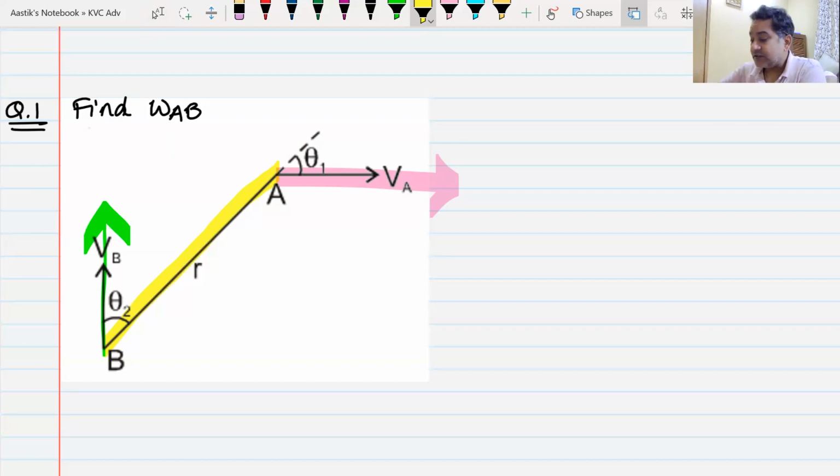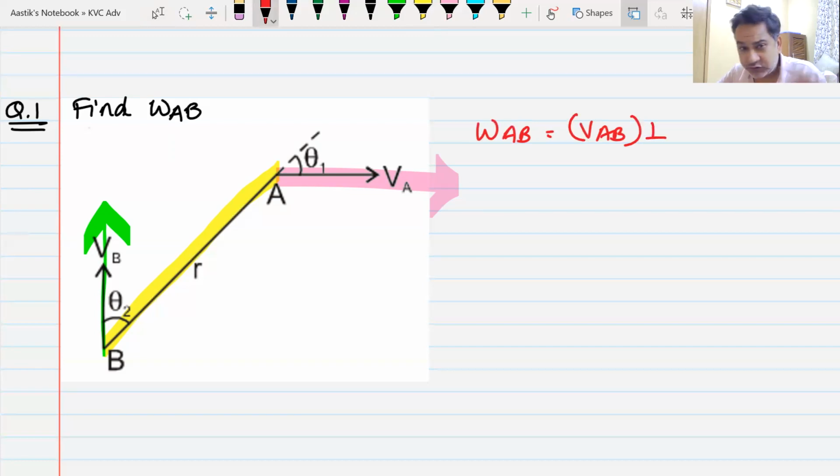You know the definition. Angular velocity of A with respect to B is the velocity of A with respect to B in a direction perpendicular to the line joining them, divided by the distance between A and B. I'll give you 2 minutes to find this out and tell me the answer. Else, obviously, I'll tell you and you will keep it as a note.